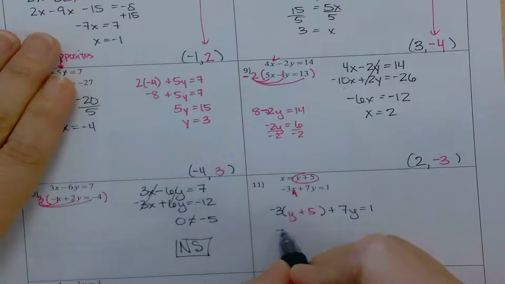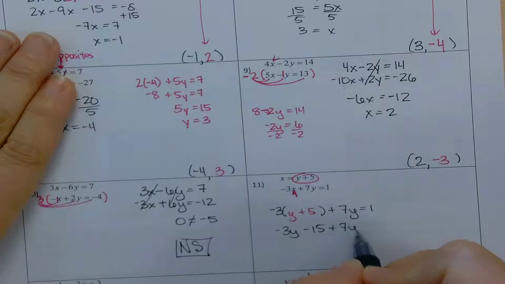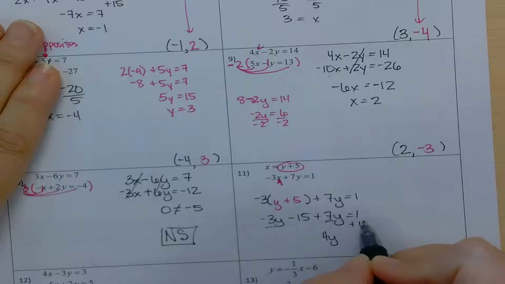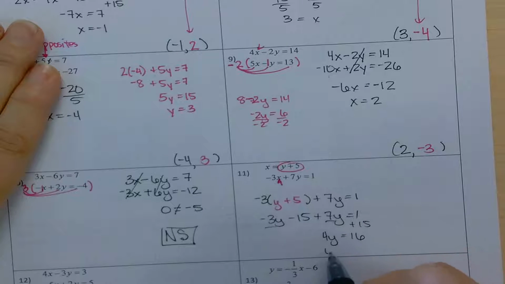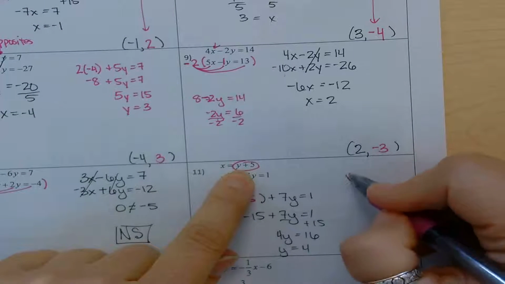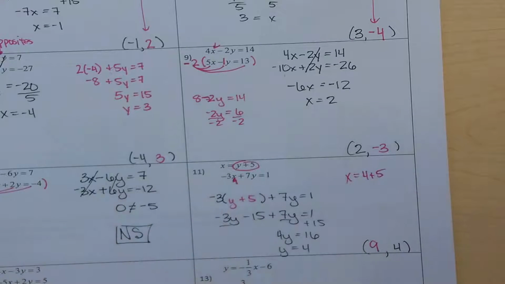I'm going to distribute. And these combine to 4y, and I'm going to add 15 to the other side and get 16. And when I divide, I get y equals 4. That's the back number. If I put 4 in here, I find x by doing 4 plus 5. That means the front number's 9.